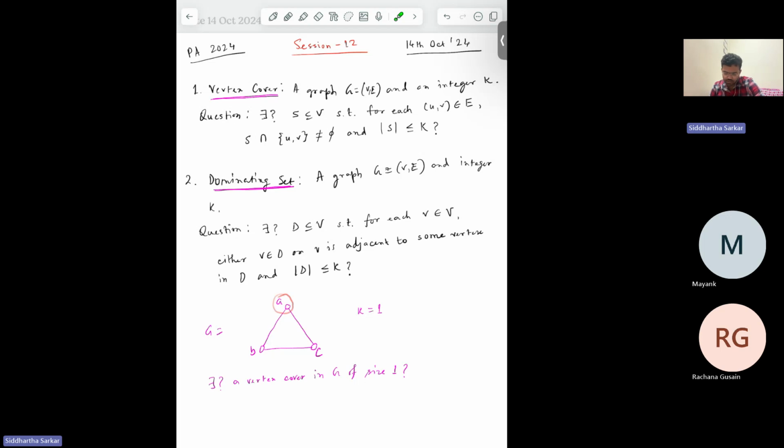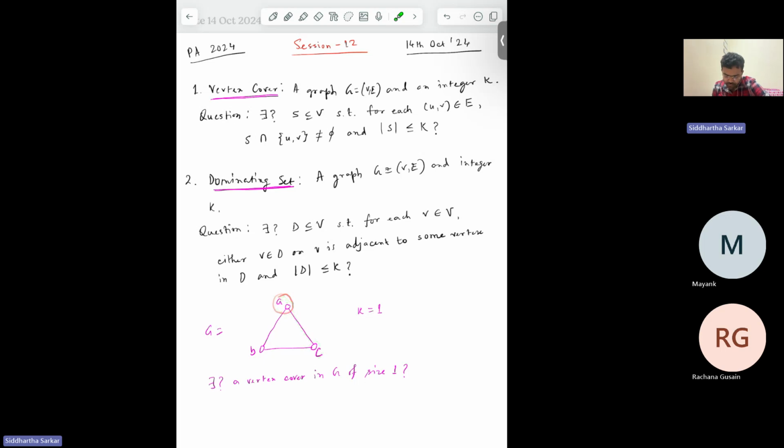All right, I hope you had a chance to think about it. Let us see if we can find a dominating set of size 1 in this graph. Let us say again we pick this vertex A. A itself is dominated, and B, because of being adjacent to A, is also dominated, and C, because of being adjacent to A, is also dominated.